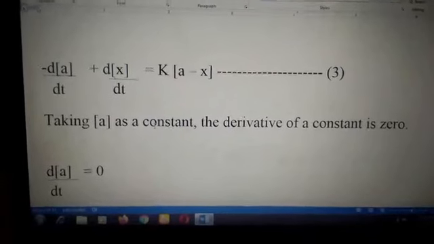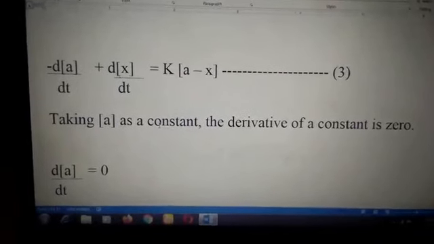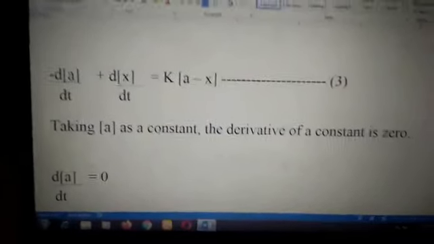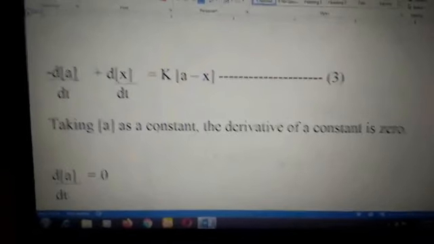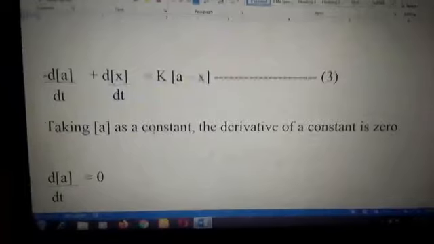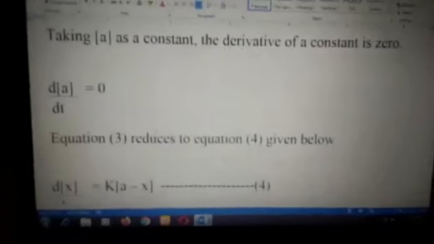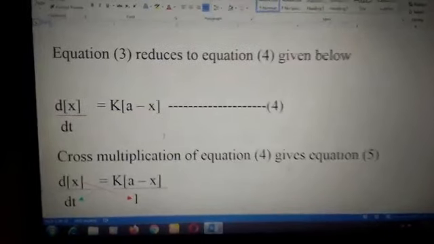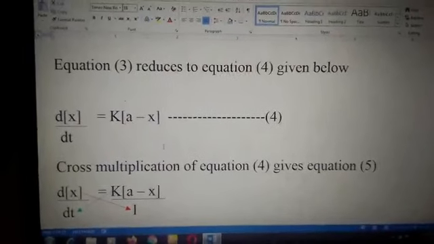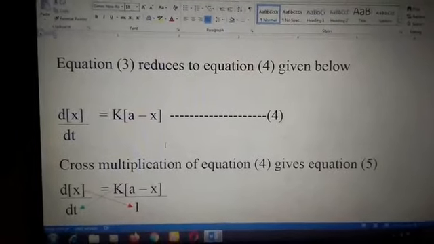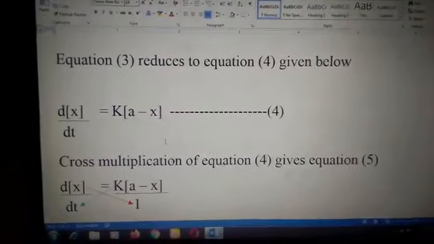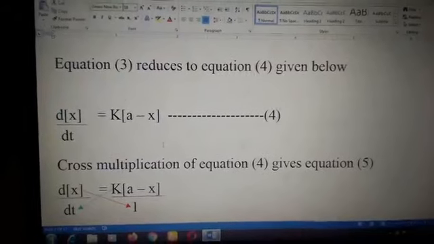So the da over dt in equation 3 will vanish, and what remains is dS over dt equal to k times a minus S. So equation 3 now turns to dS over dt equal to k(a minus S), and we obtain equation 4.